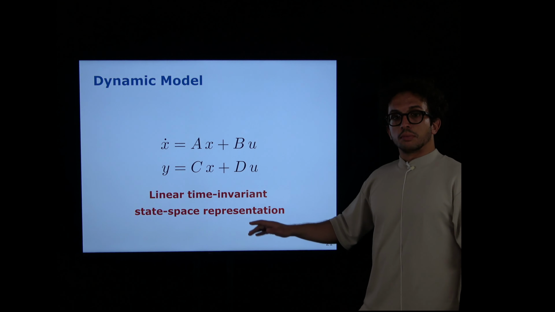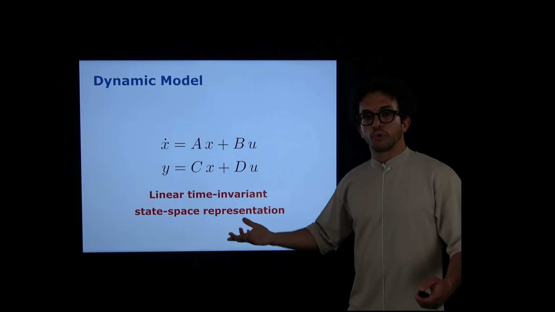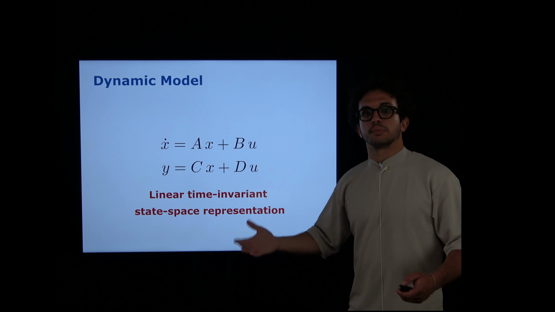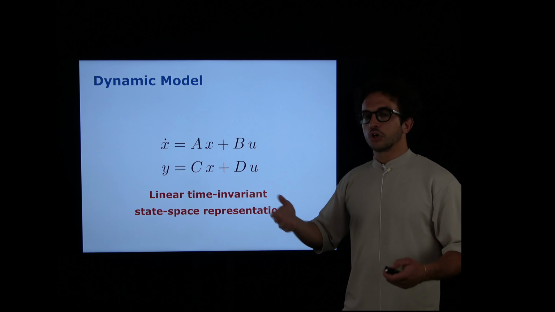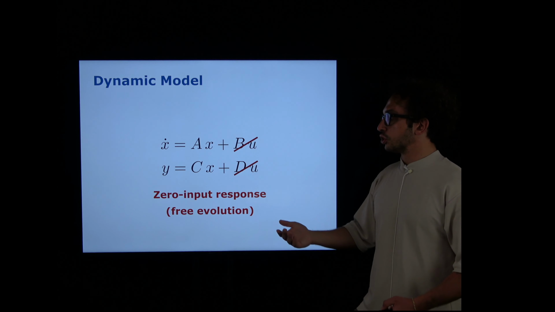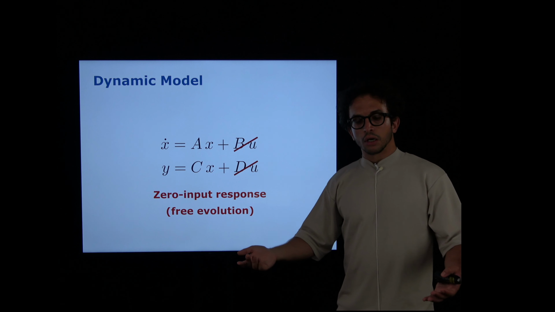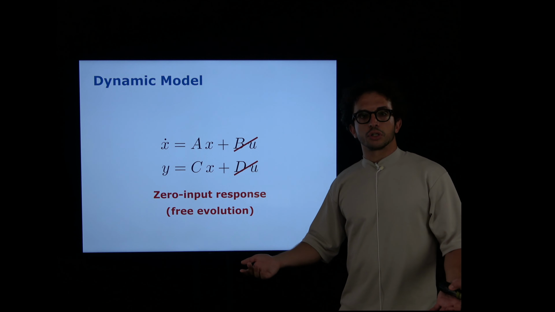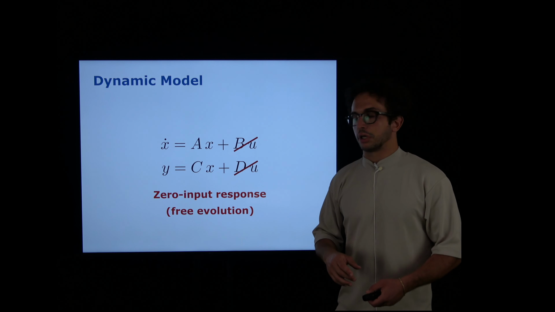From this system, we can define some nomenclature, some important properties and important names that you should know about it, because there will be some recurring concepts in the future. One is the free evolution or zero input response. Imagine you have a system and no one is disturbing it. No one is actively putting an input on it.